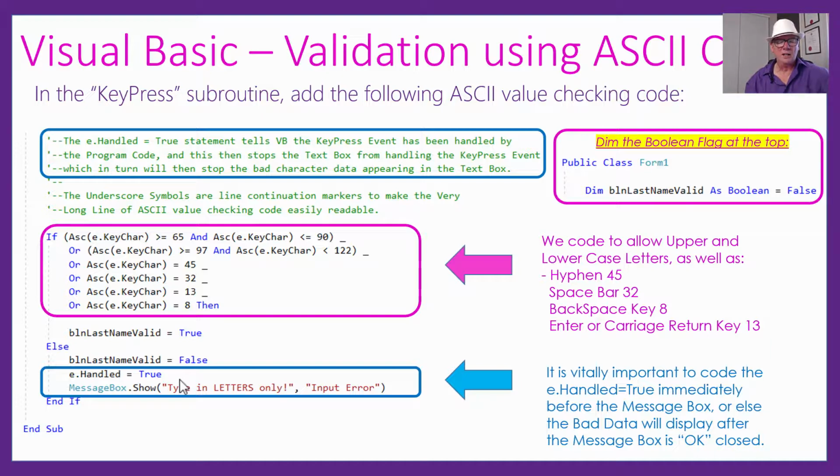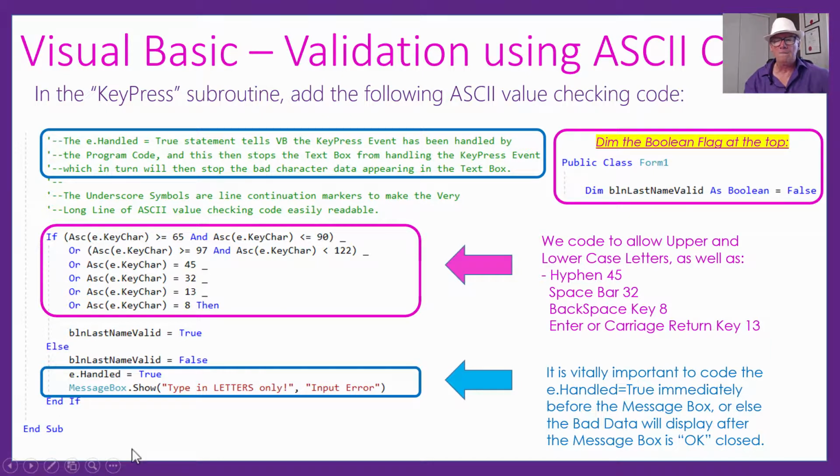So if I press a dud letter like the number 5, it's going to put that 5 up onto the screen in the text box after it gives the error message, which kind of doesn't look good. So what you do is if you put e.handled true in the code, it tells Visual Basic, hey, don't you handle that thing because we're going to do it ourselves here in the code.